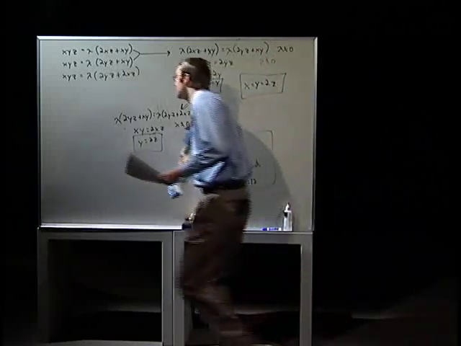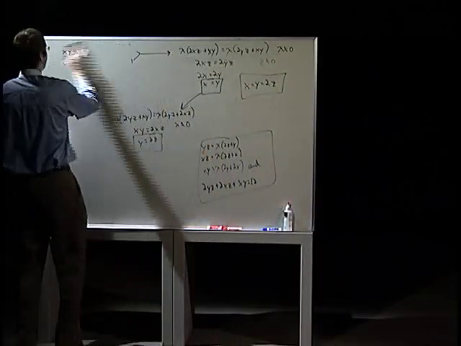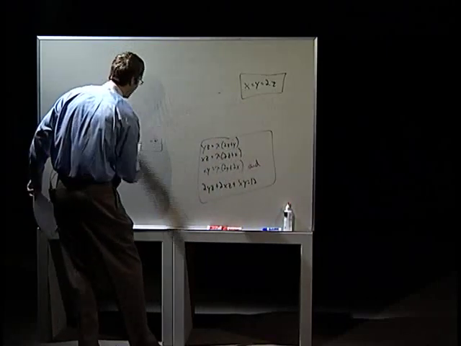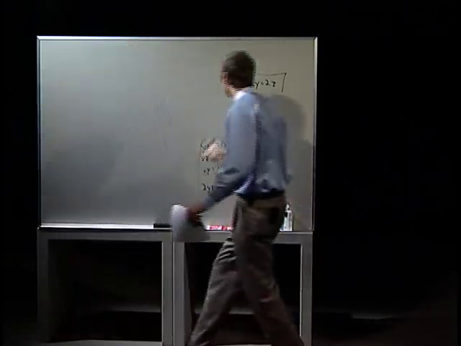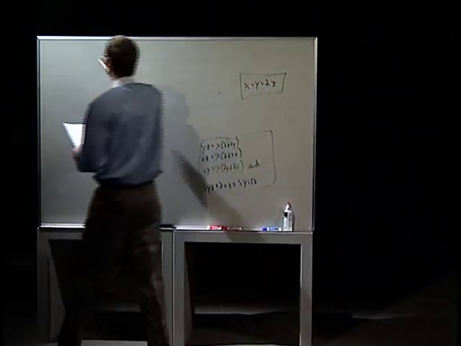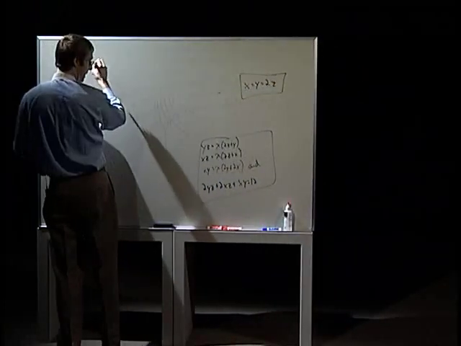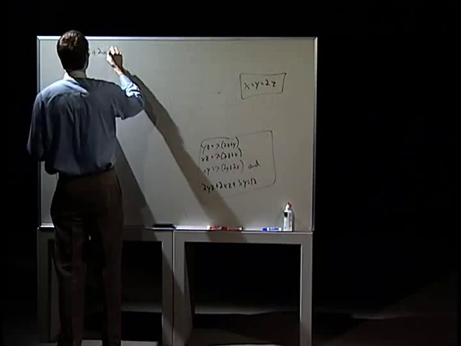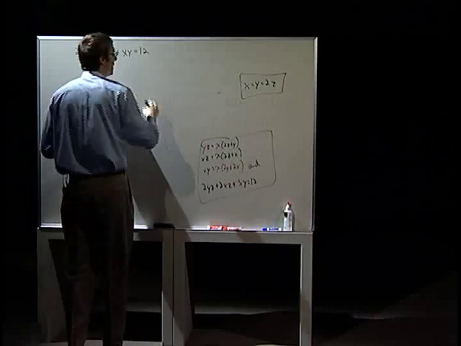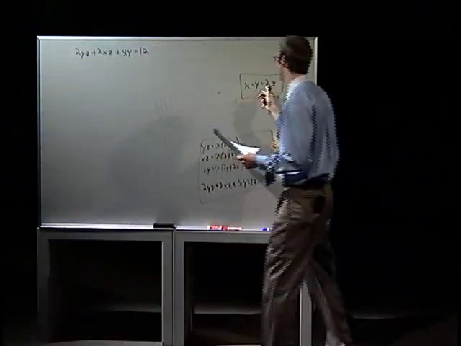So now we're going to take this information and plug it into this last constraining equation down here. We started with 2yz plus 2xz plus xy equals 12. Let's get it all in terms of z.